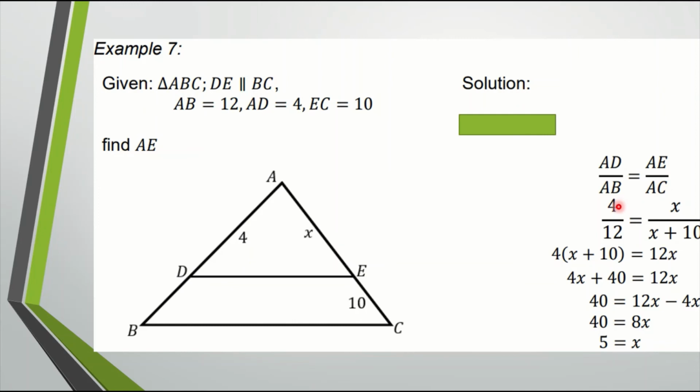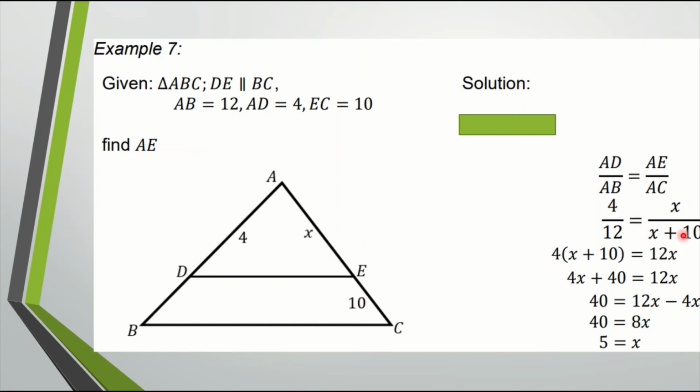Where AD is 4, AB is 12. Ayan, given na yan, AB. Yung kabuuan daw niyan, x or AE ito yon, AE is x, and then x plus 10 yung kabuuan, okay? Kasi kailangan mong i-add yung dalawa para makuha mo yung kabuuan, okay?